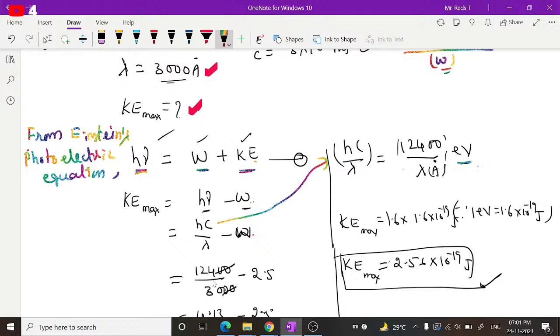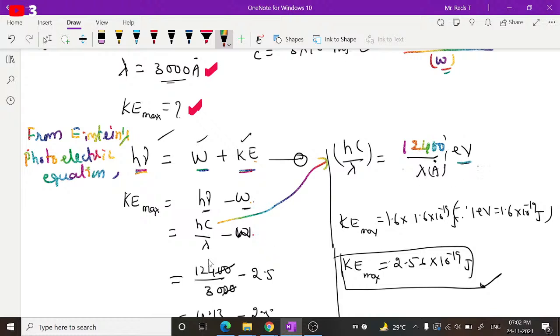So substitute the value of lambda in angstroms, with 12,400 in the numerator, and the entire value will be in electron volts.